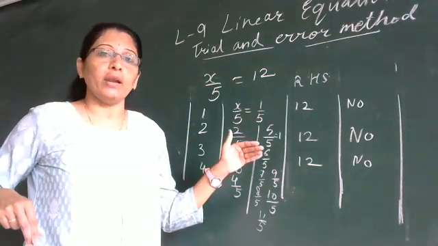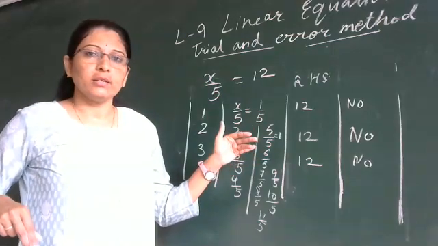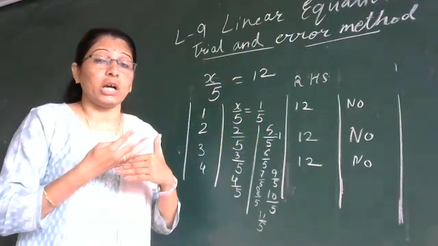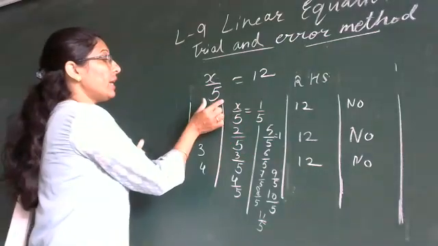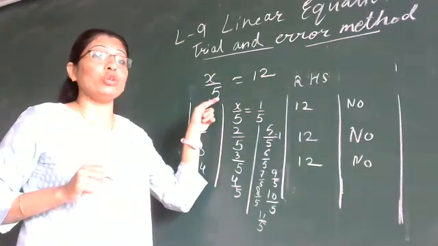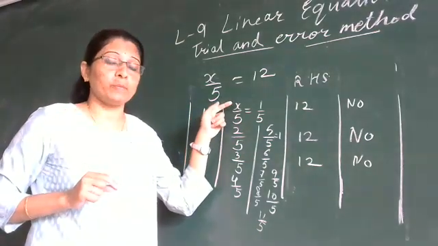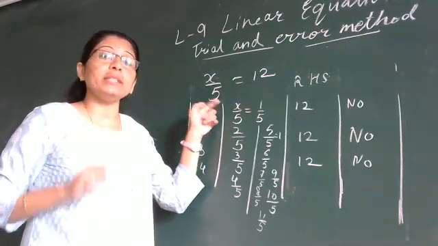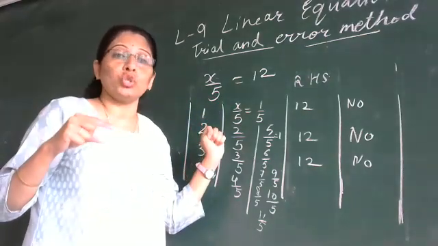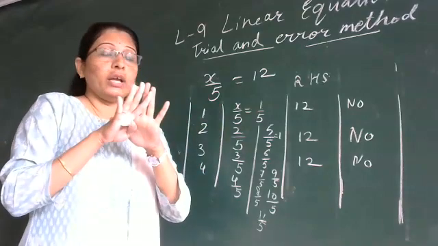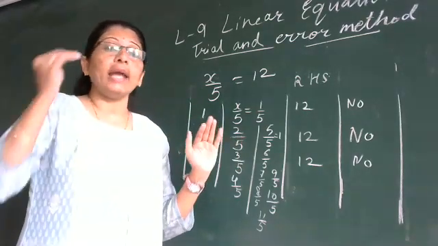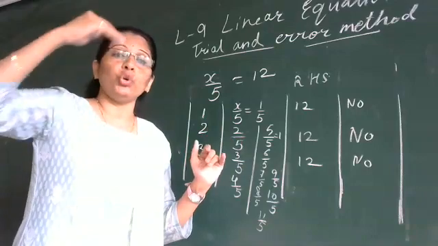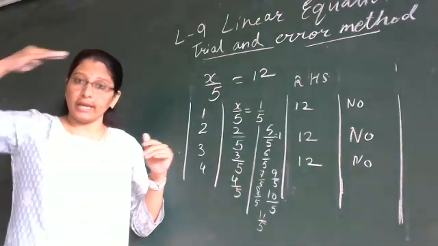To get 12, in such sums where we can see directly, we can use the 5 table also. Divide by 5 is there, which means we can use the 5 table. So it is not compulsory that every time we have to use 1, 2, 3, 4, 5 directly.